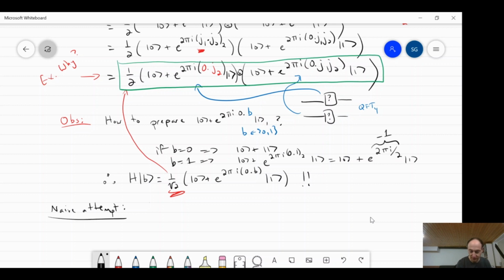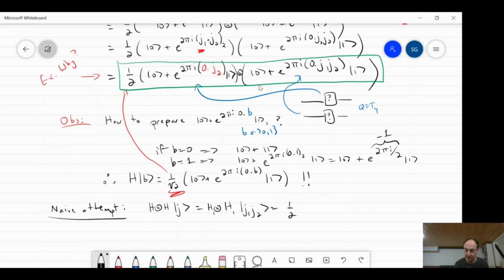What happens if I just do, therefore, remember, I'm trying to simulate the QFT on this input state J, and I'm trying to make it look like this thing, right? With a circuit consisting of 1 and 2 qubit gates. So I just learned that when I do Hadamard, it does something nice for me, right? So what happens if I just blindly do the Hadamard, on qubits 1 and 2, on J1 and J2?